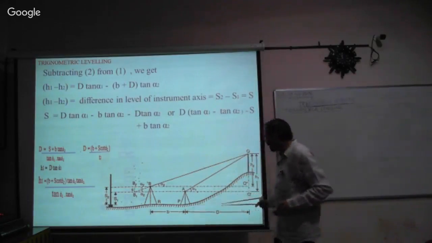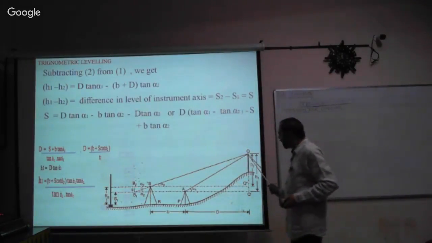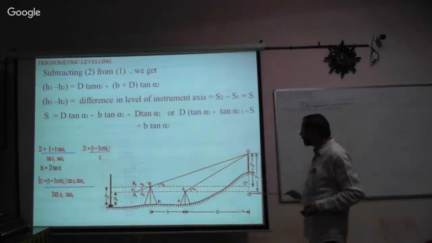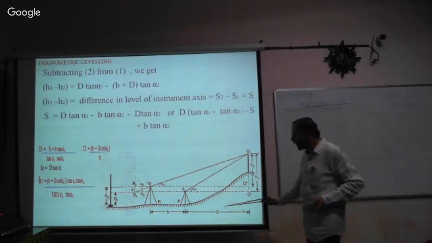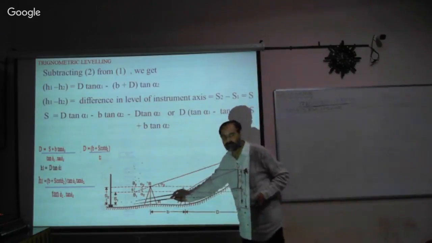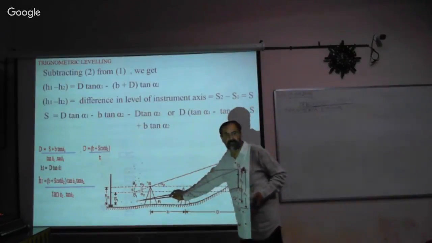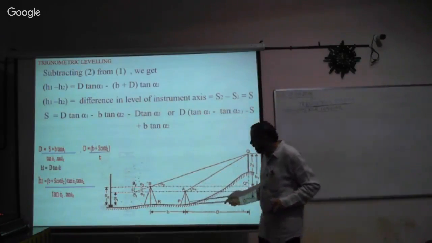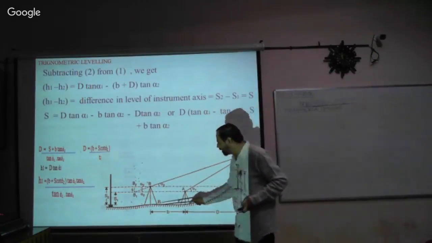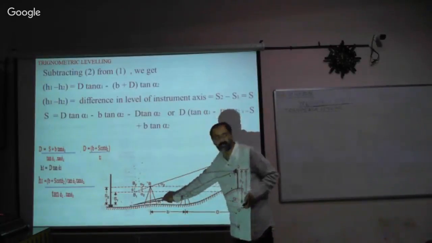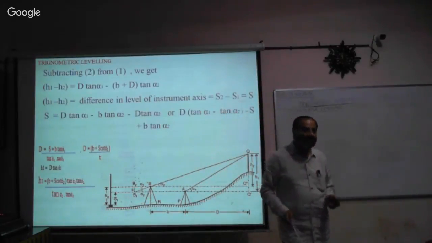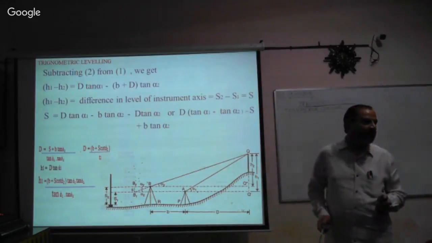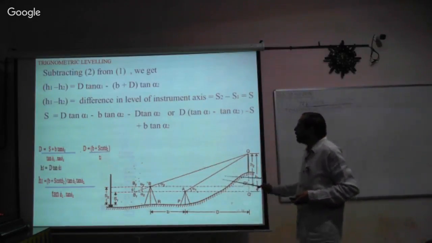Now therefore, to solve the second triangle, that is Q, B1 and Q dash, D plus B plus S cot alpha 2. That means B is increased by S cot alpha 2.